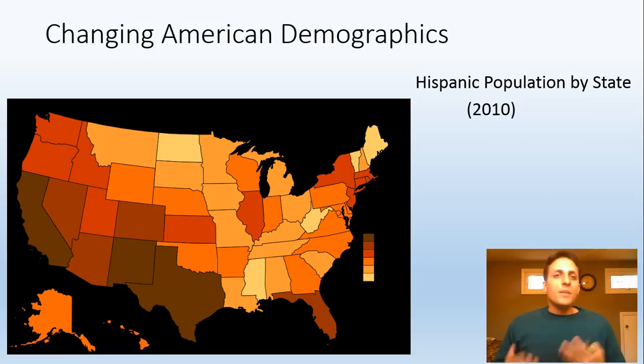So America's demographics are changing. We're becoming a different country and a much more diverse country. We're reflecting the world a lot more. For a long time, we mostly had European immigrants and a European population base, and that's starting to change and morph in the more modern time period.